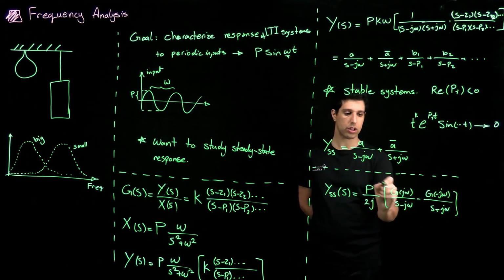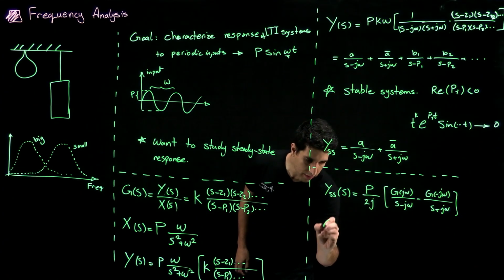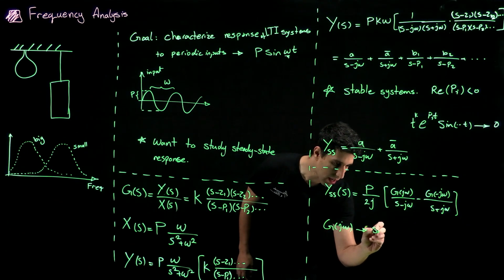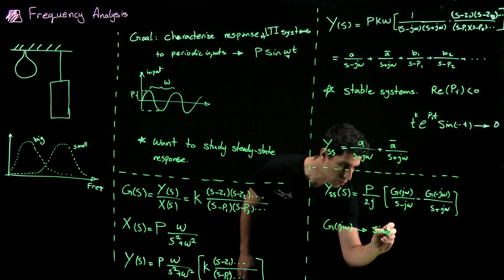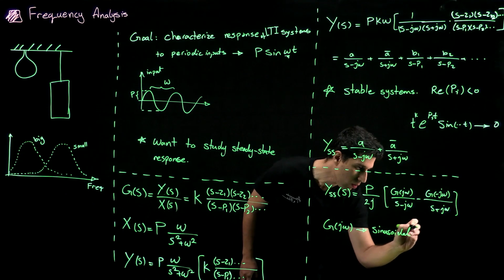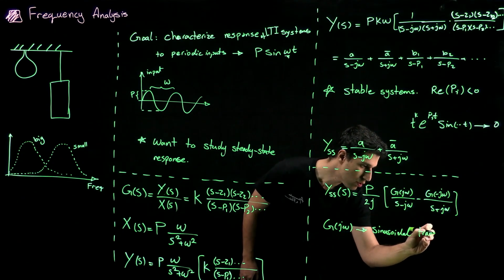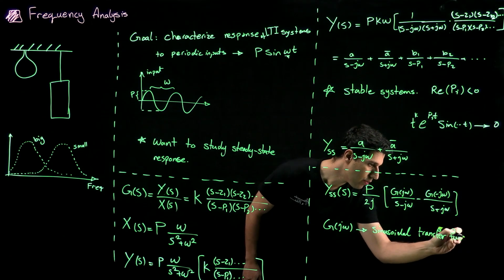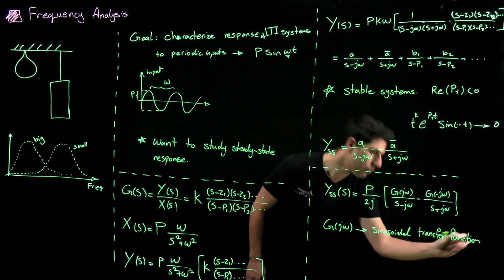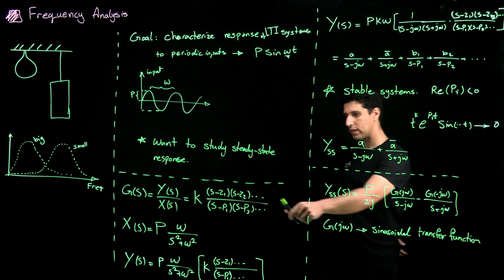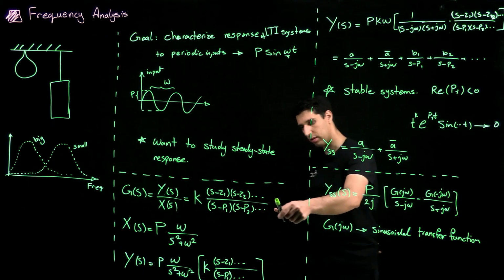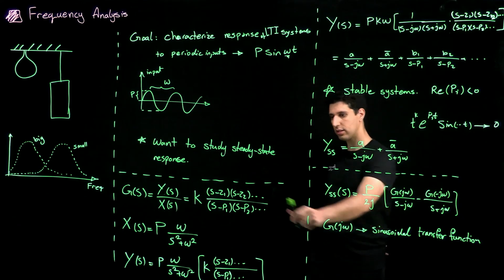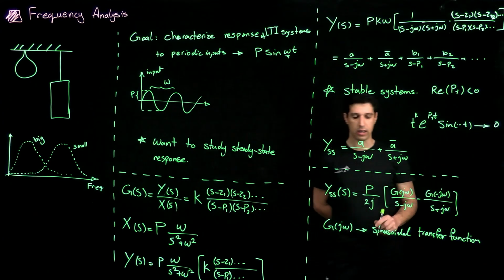It is also sometimes called G of s. G of j omega is called the sinusoidal transfer function. So it is the same transfer function, same form, only evaluated at j omega instead of any individual s.